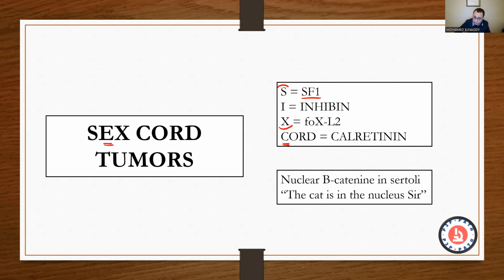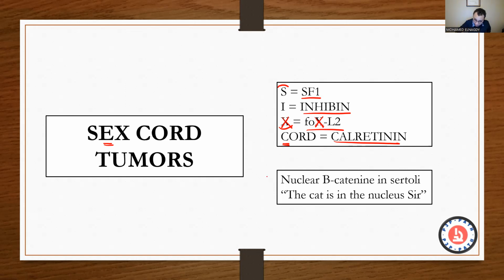S stands for SF1, I stands for inhibin, and X is the X in the Fox, which is FoxL2, and then cord, C stands for calretinin. So SF1, inhibin, FoxL2, and calretinin.